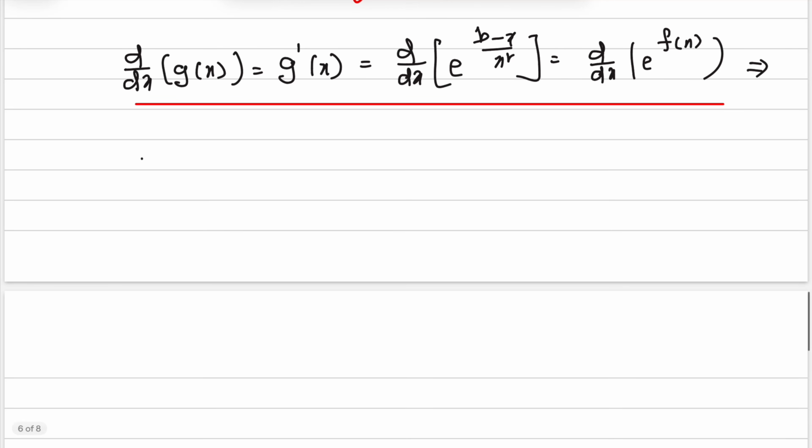Now, what am I going to get? G dash x, the answer, is equal to d by dx of e to the power of some function x.